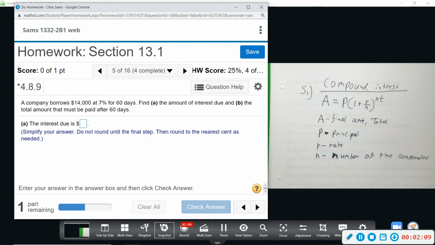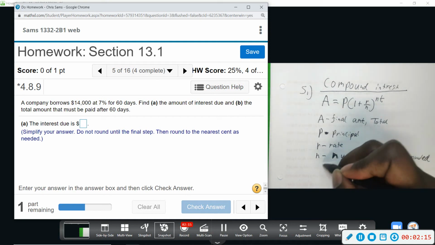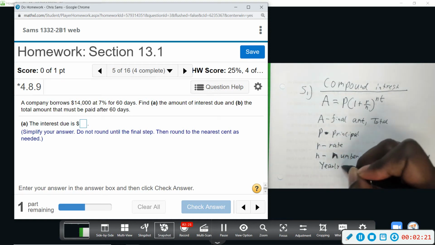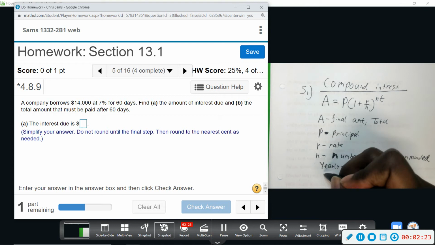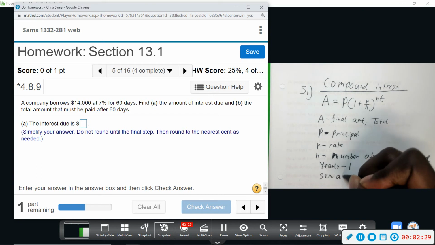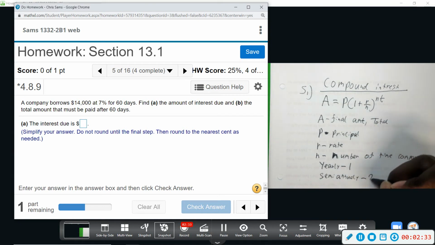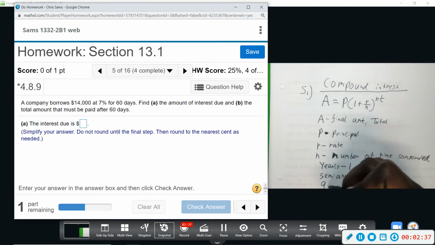So N is going to have several different values. So this is the number of times compounded. Sorry for my chicken scratch. So if we say yearly, that means 1. If we say semi-annually, that means 2 times a year, so N would be 2. We can say quarterly.